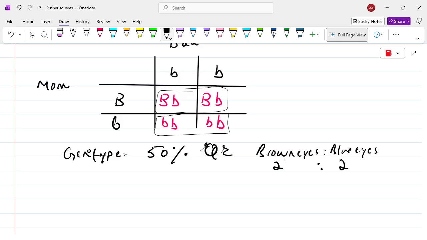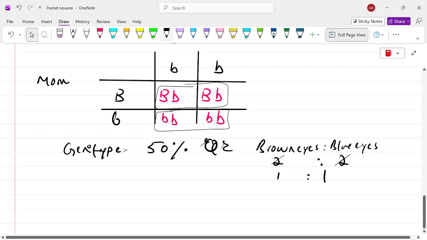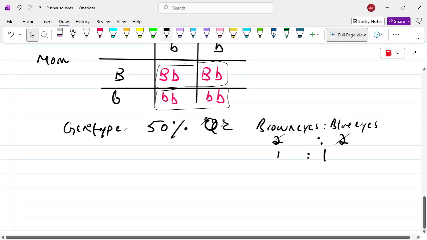Then we will divide them and it will be 1:1. Okay, so this is the genotype that we're gonna get.